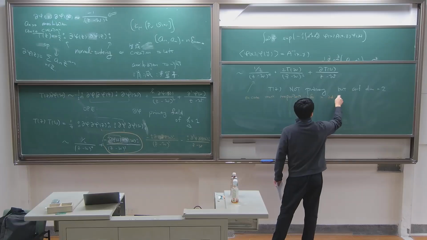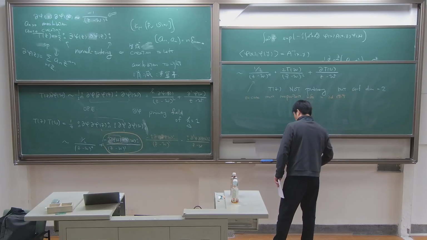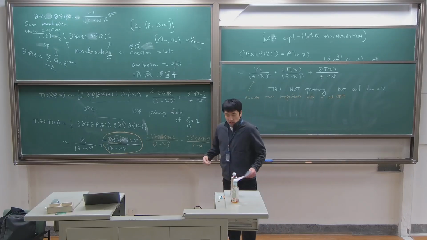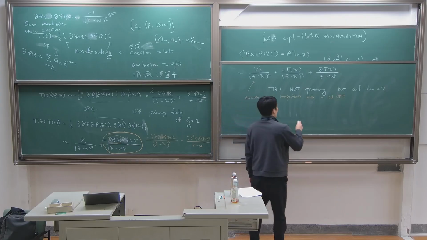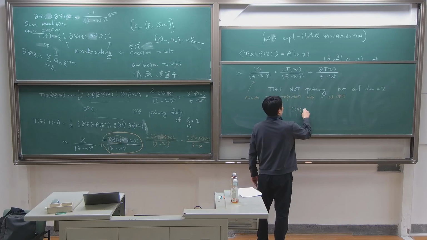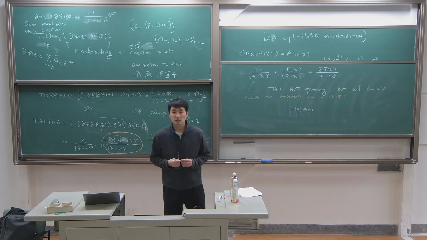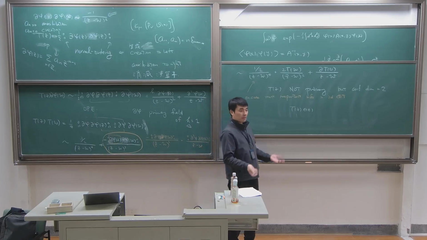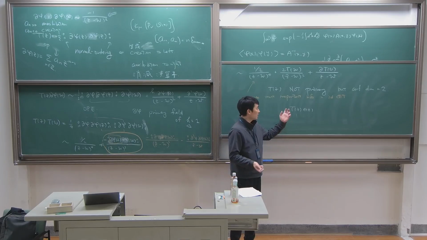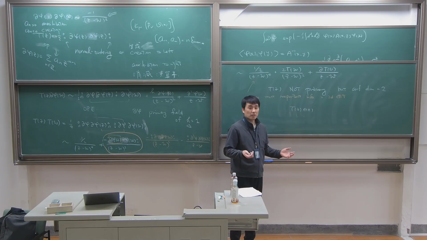So I mentioned that T of Z is the current for conformal transformation. So therefore, in a conformal field theory, T always exists. For a conformal field theory, you always have a stress energy tensor.